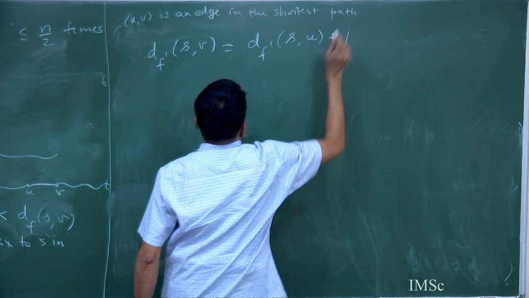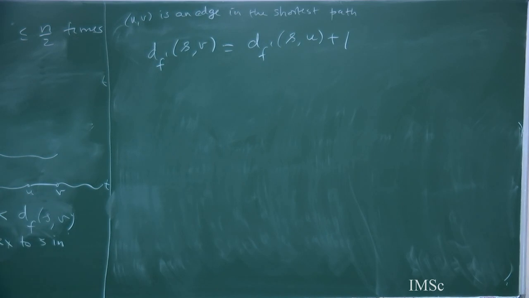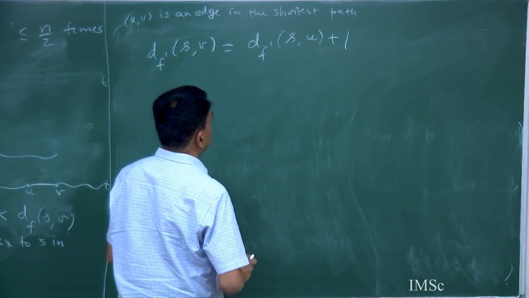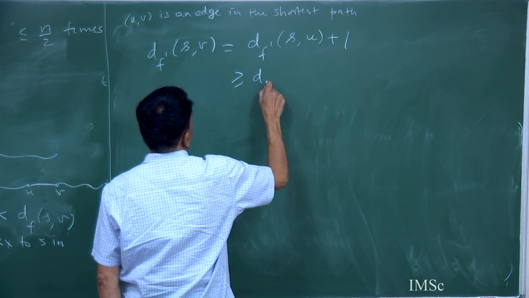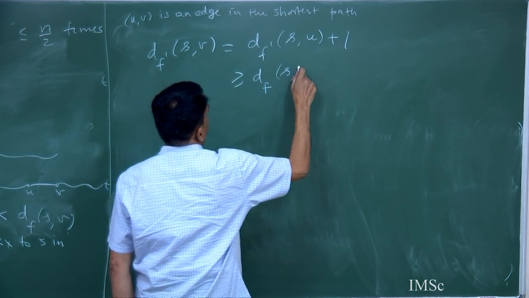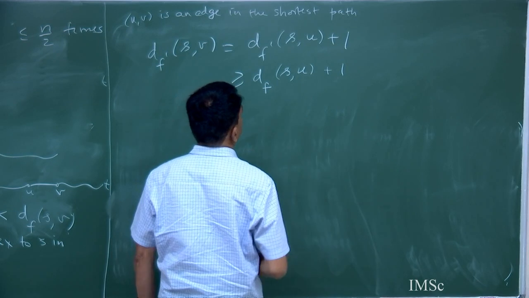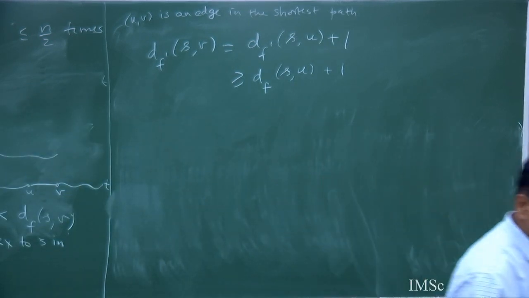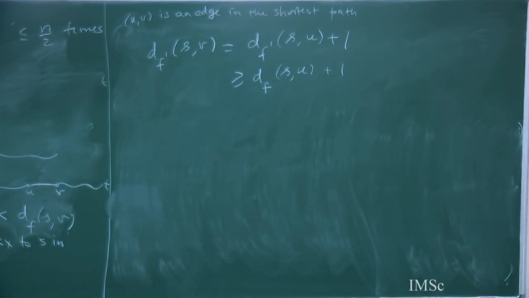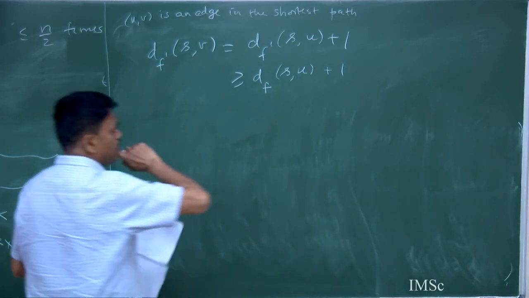And then just by the shortest path property, we have this. Okay, but I know that this is greater than or equal to df SU plus 1. Why?